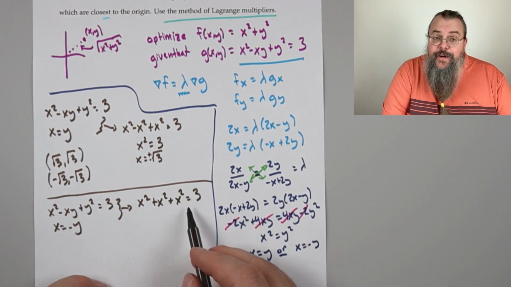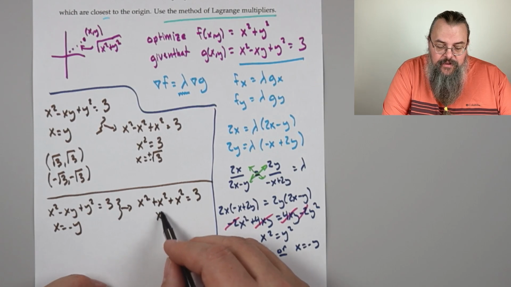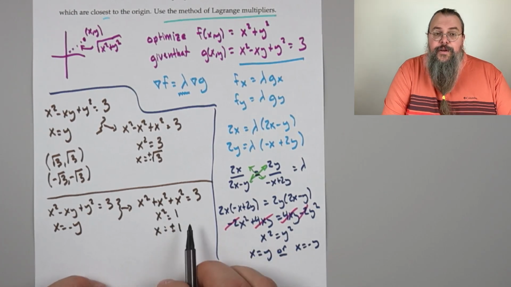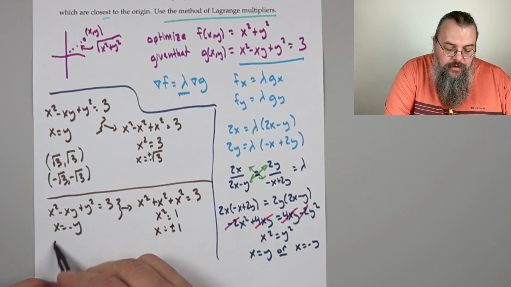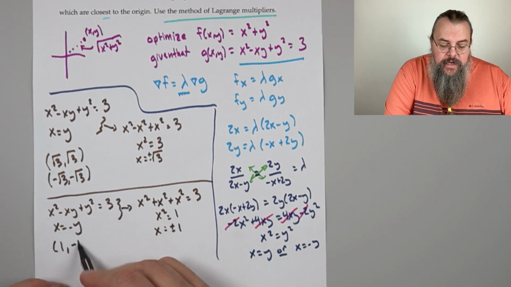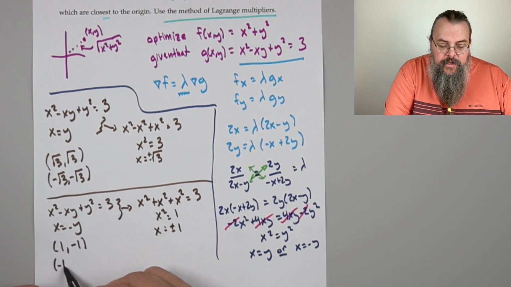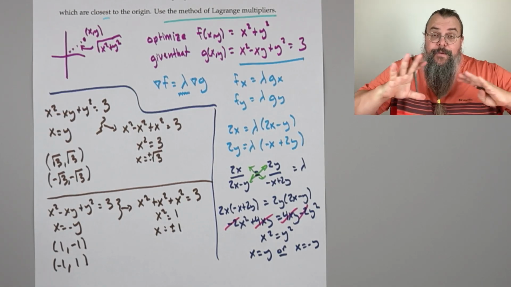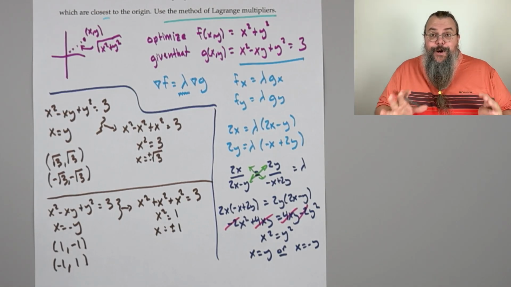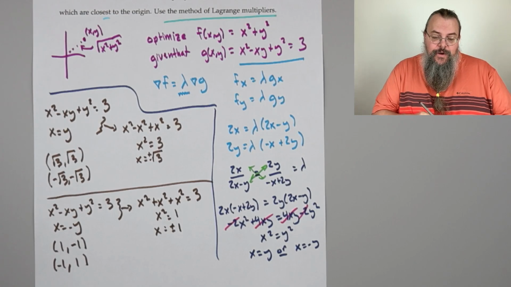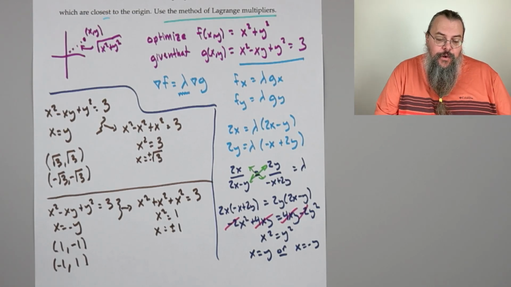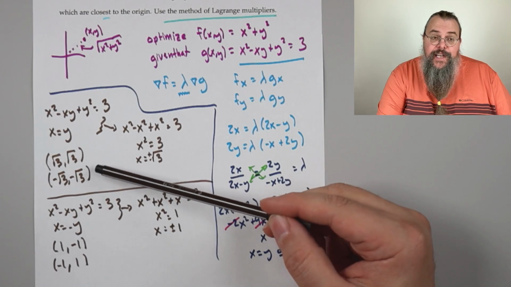That's 3x squared. So this tells us that x squared equals 1, so x equals plus or minus 1, which gets us to the points 1 comma minus 1, or minus 1 comma plus 1. And we've now accounted for all possibilities. So when we have optimized on this curve, we ended up with 4 candidate points.